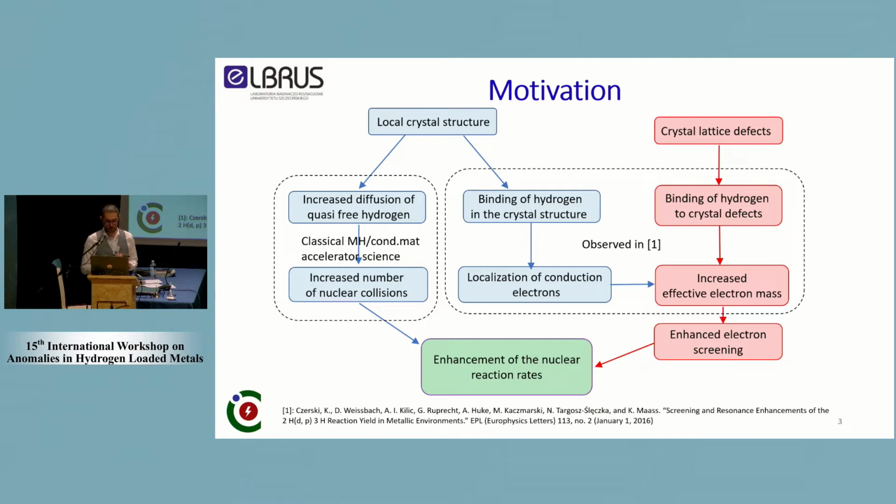One is the binding energy, the binding of hydrogen to crystal defects, and the other one is the localization of conduction electrons. These two cumulative effects modify the increased effective electron mass.